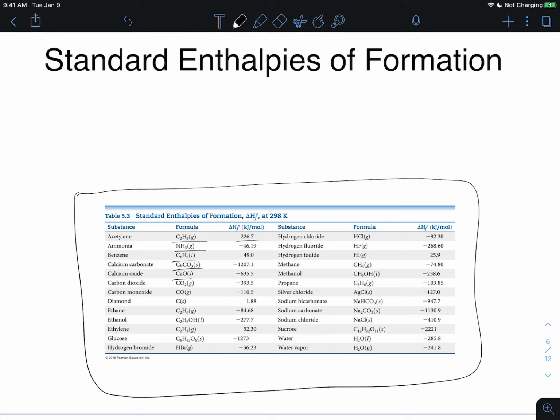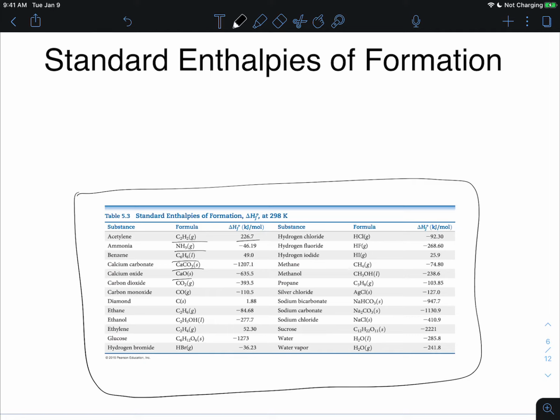And just while you're making these equations, keep in mind that you should be able to find all of your elemental forms by looking on your periodic table. Your periodic table will show you what states generally. So carbon's a solid, hydrogen's a gas, oxygen's a gas, iodine is a solid.